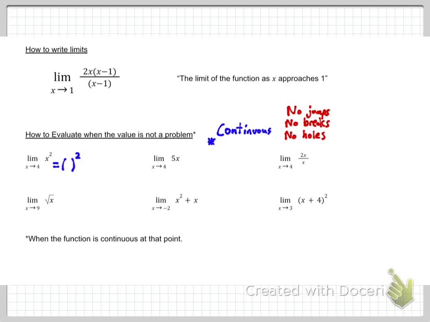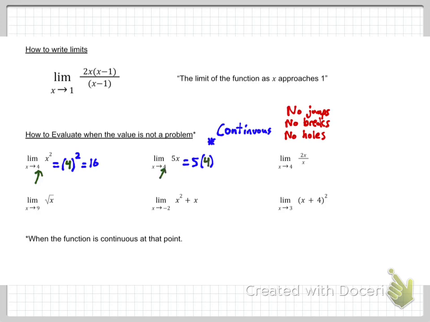For example, this first one, notice how it's x squared. We are approaching the value of 4. So we can just plug in 4 here. Notice that gives us 16, right? So the function, as you get closer to 4, gets closer to 16, which makes sense because it is 4 squared, 16. This function is linear, of course.